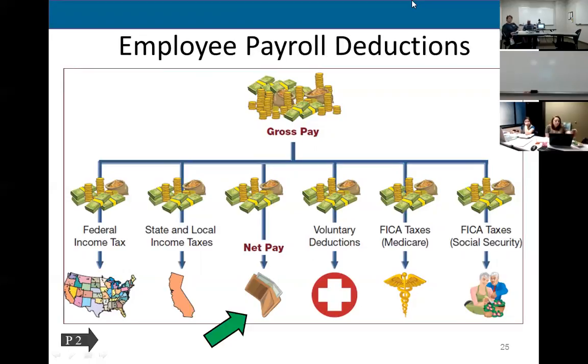When you use the word wages, wages are usually used to report payroll based on an hourly rate. Now, we're going to use the phrase salaries to refer to payments to employees at a monthly or yearly rate. So we have our gross pay, and then we must pay taxes, and then we have net pay.